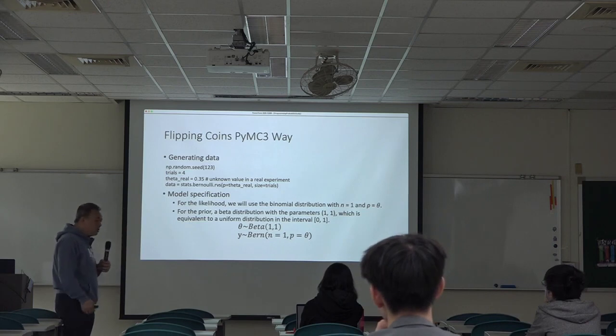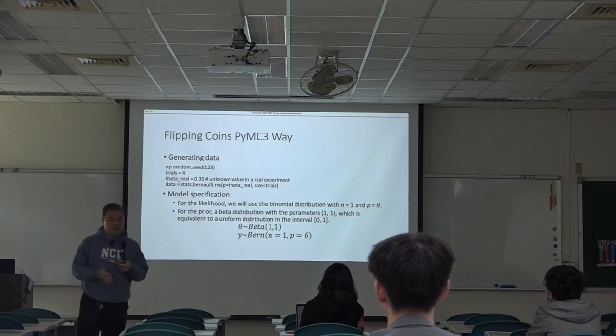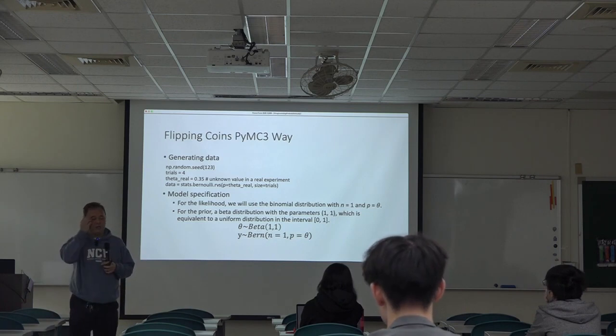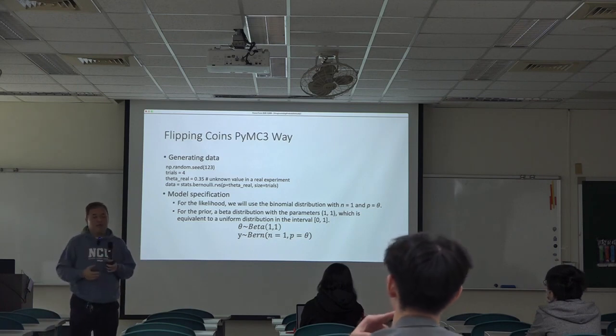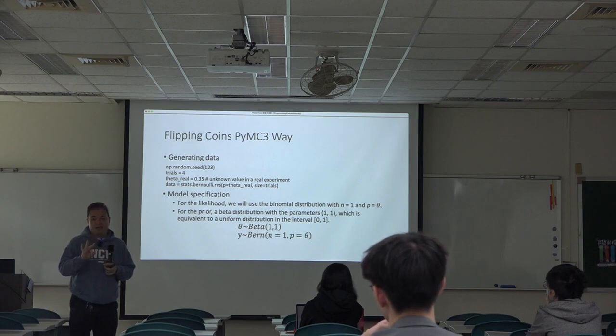For coin flip, we have tried to consider it using a grid approach, and using the conjugate prior. So this is the third time we consider the exact same problem.